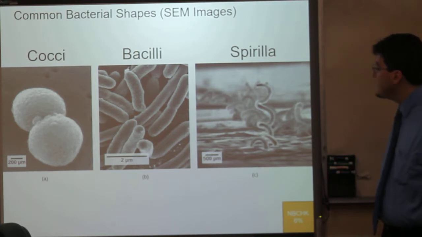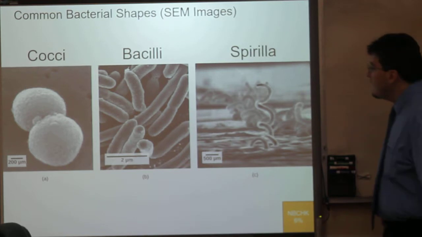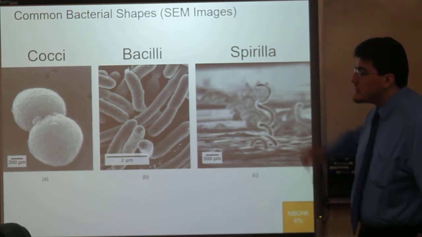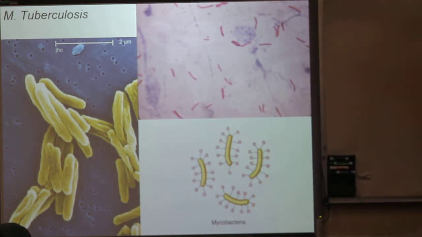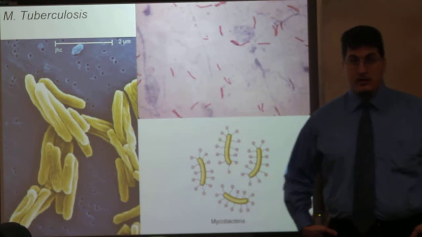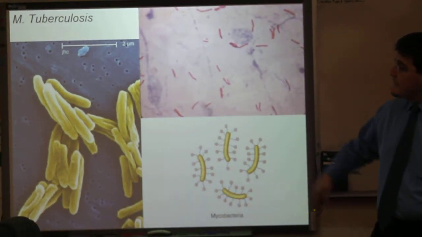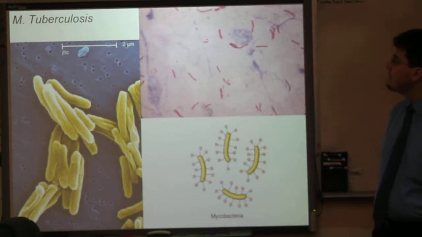Yeah, Treponema pallidum. If I'm wrong, the comment section will surely let me know. So those are spiral-shaped bacteria. Mycobacterium tuberculosis is one that we'll be talking about in Unit 5 considerably. These are rod-shaped bacillus bacteria.